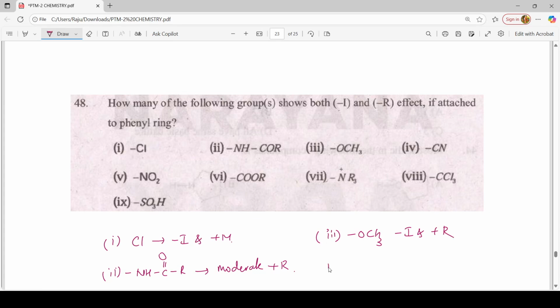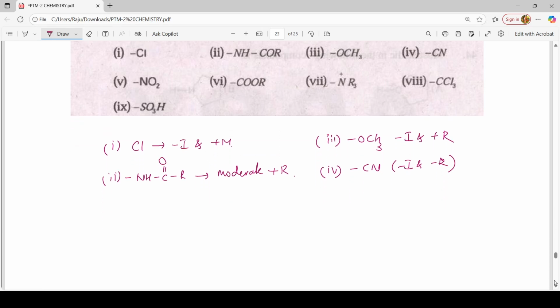You come to the case of the cyano group. Yes, this acts as minus I and minus R. You come to the case of NO2, students, minus I and minus R. Even you can take the ester.